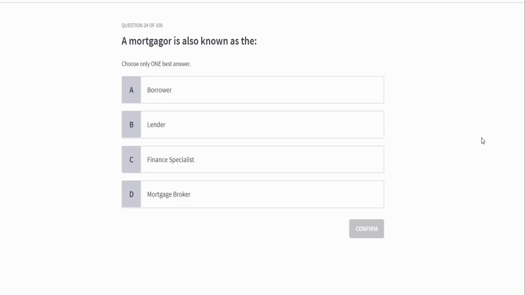All right, question 24. A mortgagor is also known as the, and it gives us four options. Is it A, the borrower, B, the lender, C, the finance specialist, or D, the mortgage broker? So like always, I'm going to give you guys an opportunity to pause here and come up with your answer.